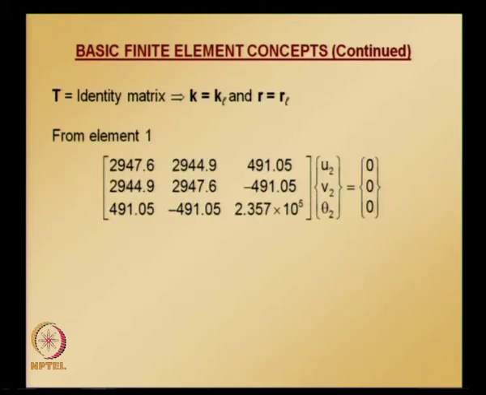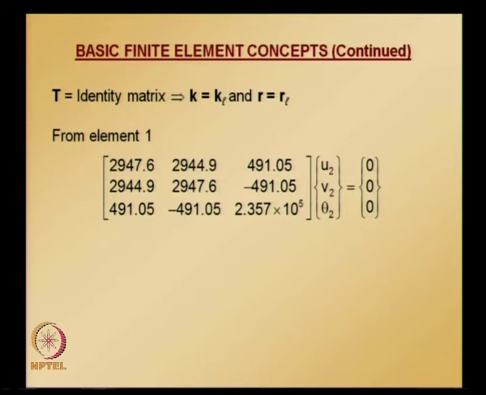For element 1, if you look at the stiffness matrix corresponding to element 1, whatever is there in the lower quadrant contributes to the reduced equation system. So those values are written here.